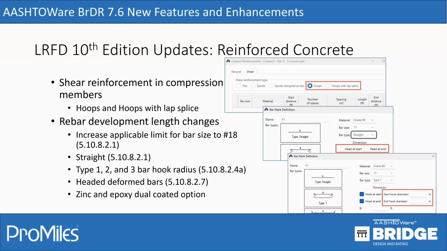There were a bunch of changes for reinforcement development length calculations as well. There was an increase in applicable limit for bar size from number 11 to number 18, unless otherwise specified in a specific reinforcement development calculations spec section.